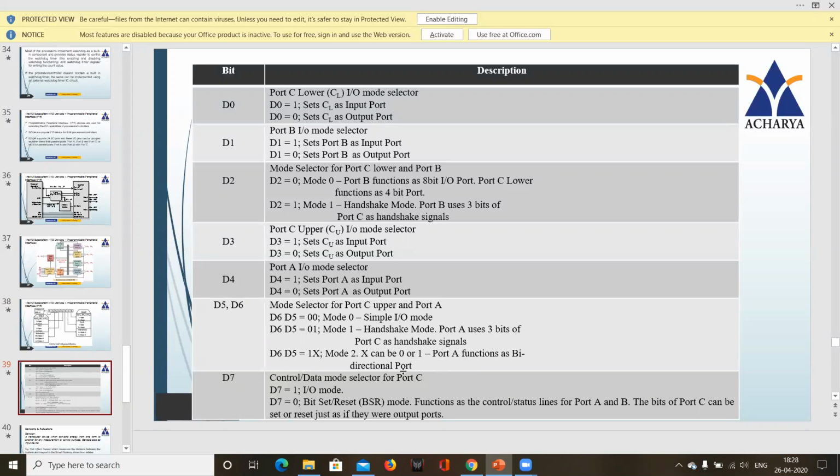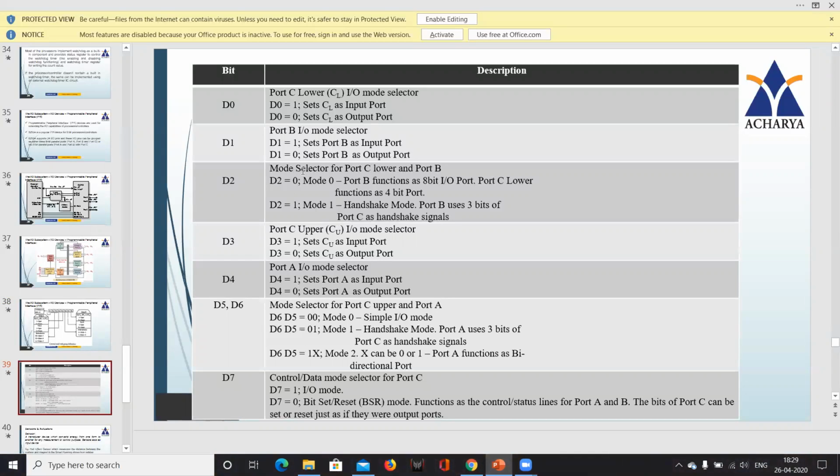Now coming to the next one, D4. If D4 is 1, then the entire port A is used as input port. If it is 0, the entire port A is used as output port. Going to next, D3: if this particular bit is 1, port C upper is used as input port. If it is 0, port C upper is used as output port.